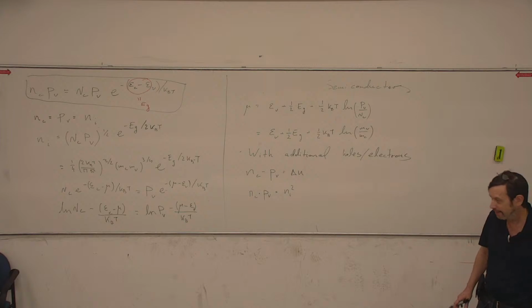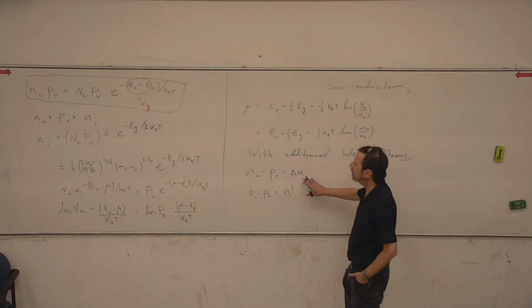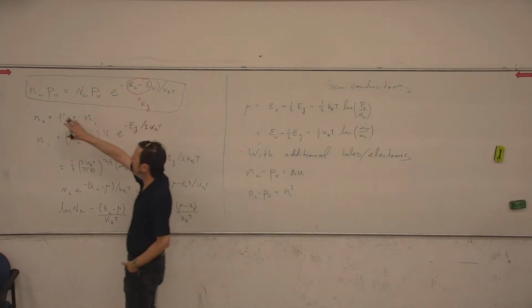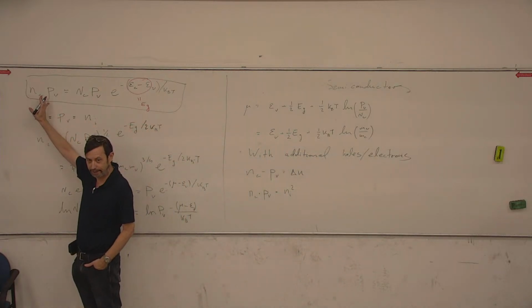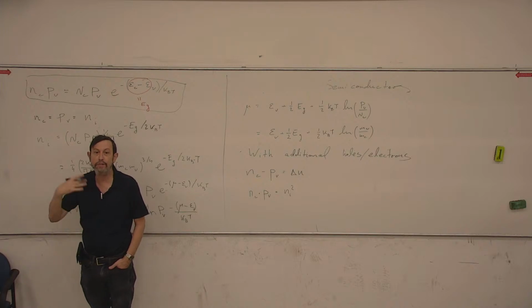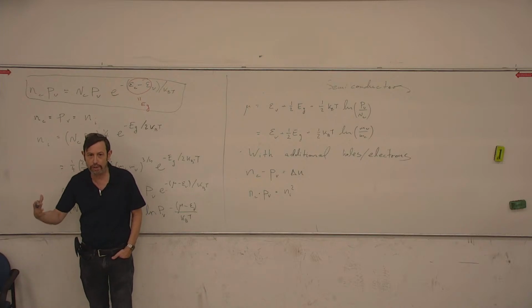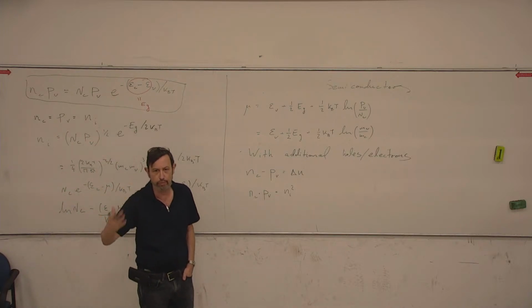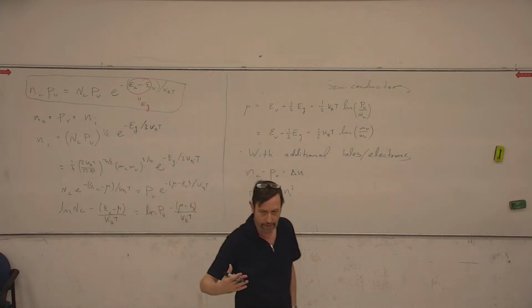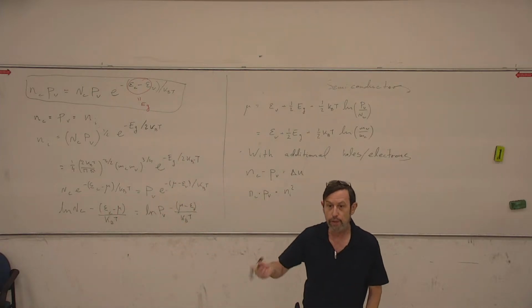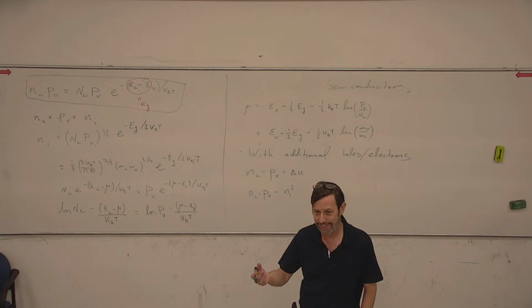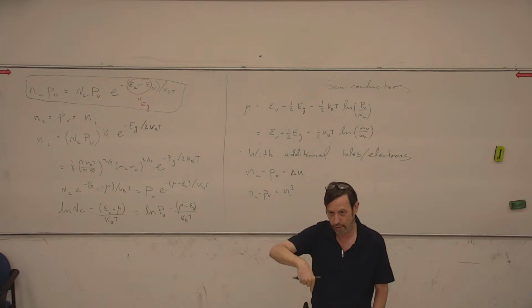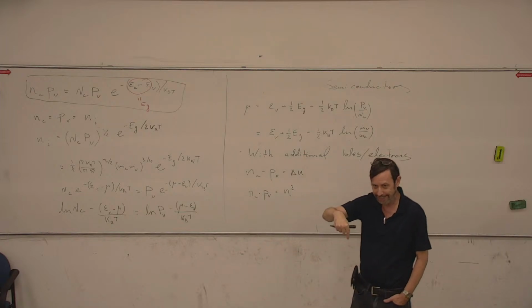This is defining some connection between N_C and P_V, because even if I have to begin with some asymmetry between the number of electrons and the number of holes, when I switch on temperature, any additional electron will come at the expense of an additional hole.